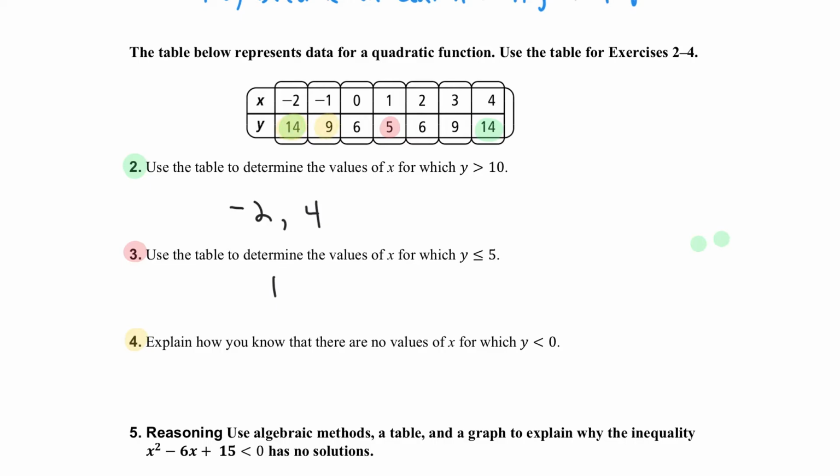Well, these are all greater than 0. So that tells you that there are no x values in this table in which y is less than 0. So that's how you would want to explain it. In checking all the y values, none of them are less than 0.